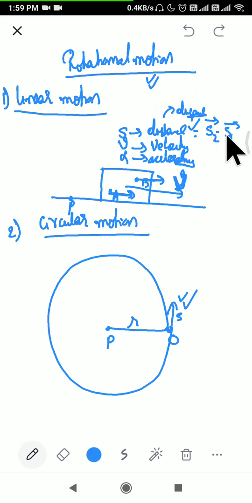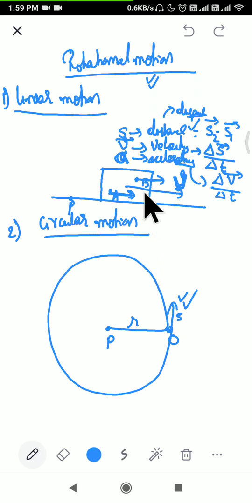So what is velocity? Velocity is the rate of change of displacement, delta s bar by delta t. And what is acceleration? The rate of change of the velocity vector is called the acceleration vector.